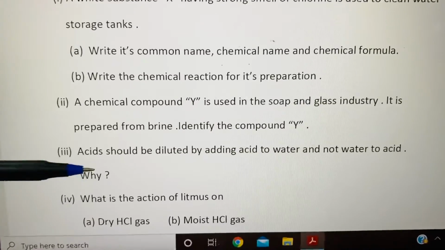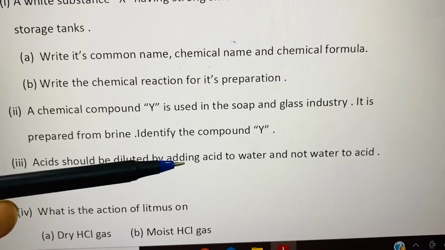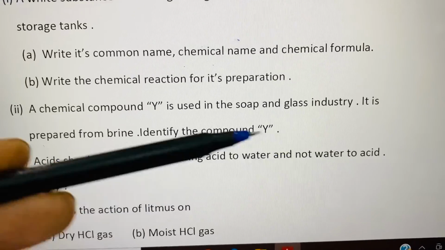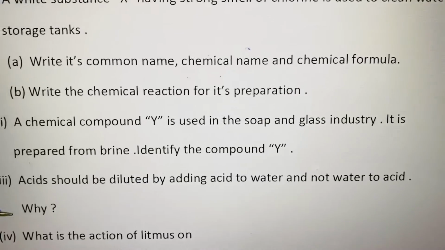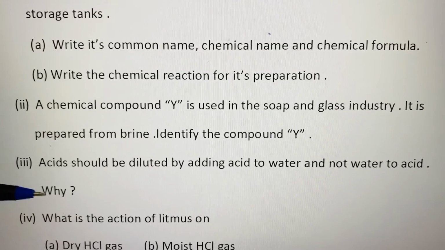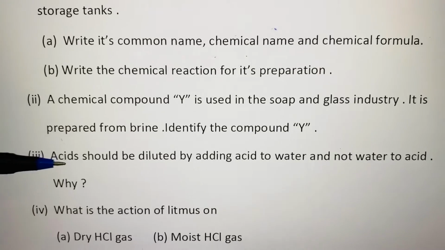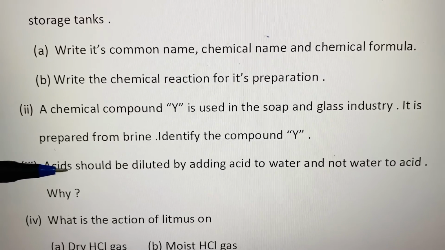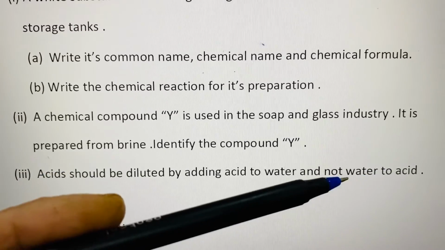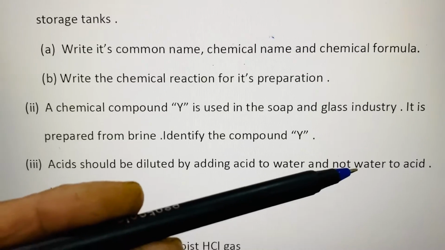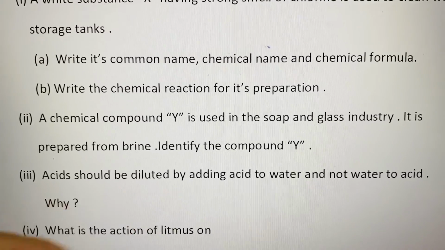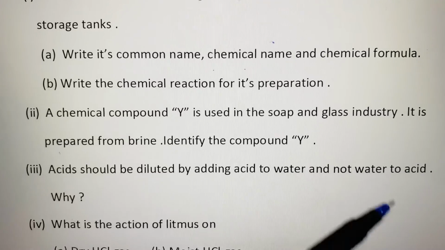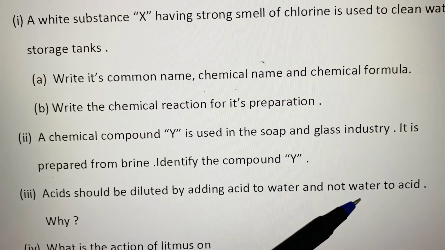Next question is, acid should be diluted by adding acid to water and not water to acid. Why? This question was also in the half yearly exam. So you are very well prepared for this question. We cannot add water to an acid because it is a highly exothermic process, and it produces a lot of heat which may break the glass and splash the acid.